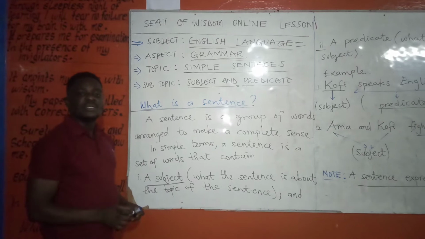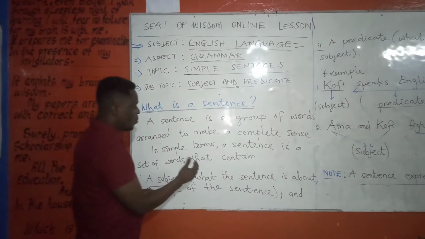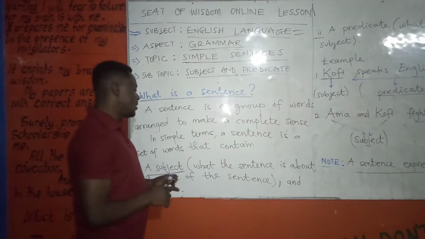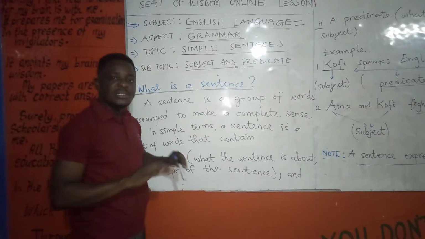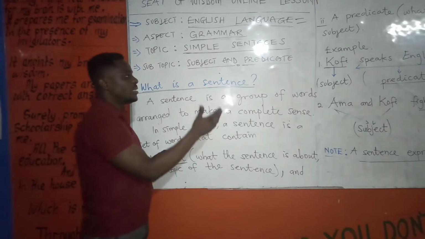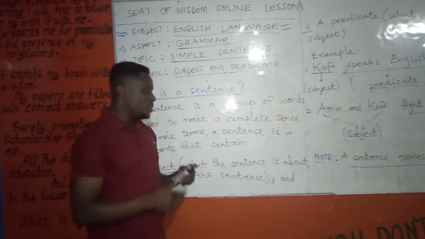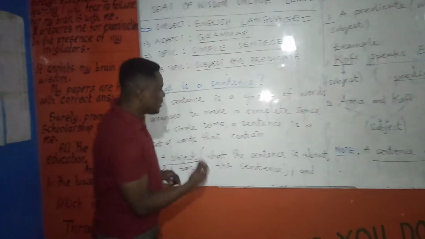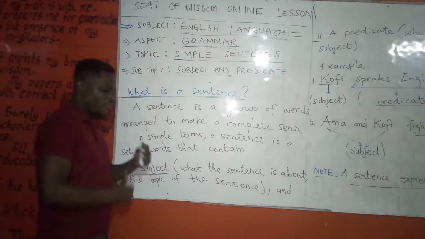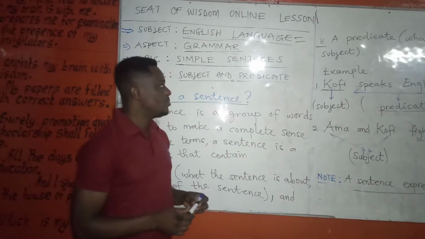What then is a subject in a sentence? In short, what the sentence is all about is the subject of a sentence. We will discuss the subject later on, so let's proceed from here. But for now, a subject is what the sentence is about. The performer, the doer of an action in the sentence is the subject.